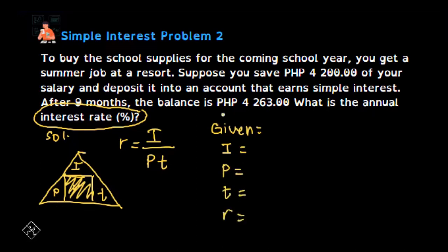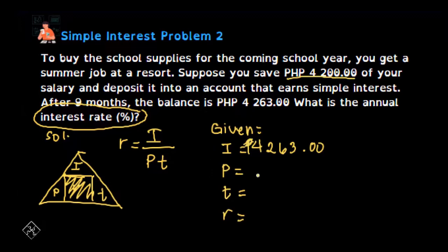So, ano yung given natin na interest? So, that the interest would be 4,263 pesos. Okay? Next, what is the time or the principal pala? The principal would be this one.